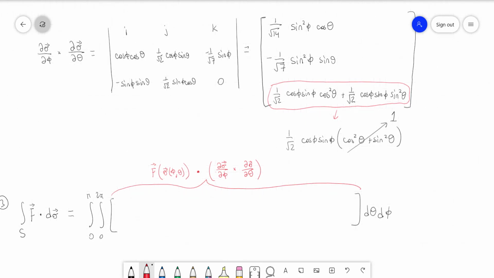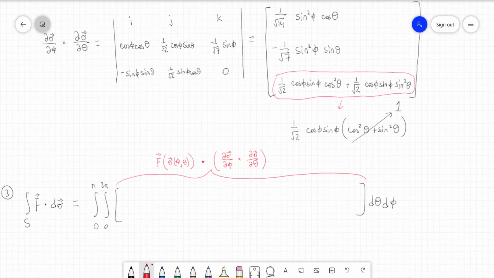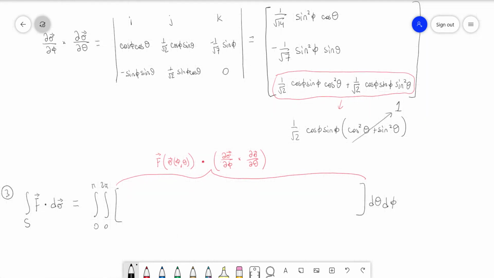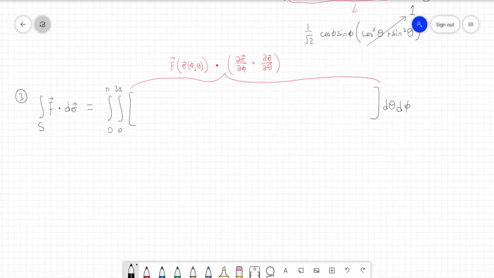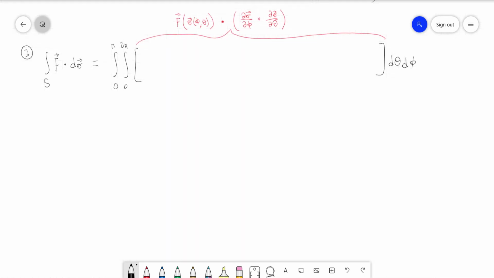All right, so let's see how that is going to work. First, this was the vector field originally, so I'm just going to write it down again.